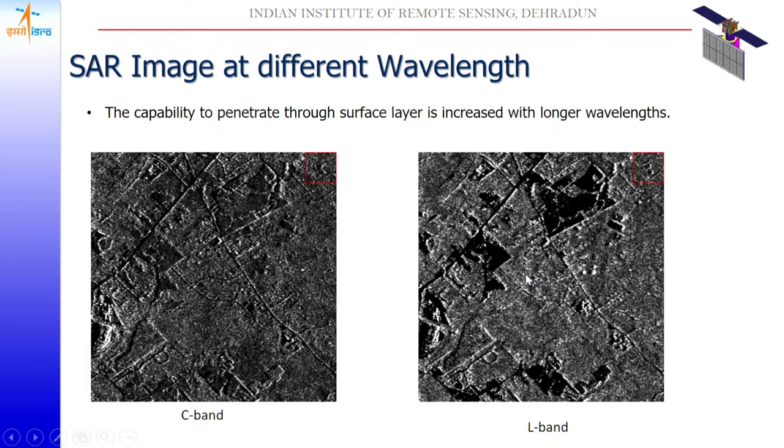When it is able to penetrate, it gives us a somewhat smoother image compared to the C band, because in C band every small feature interacts with the wave, so the roughness appears to increase. Here it is actually penetrating the earth surface, so it appears as a very smooth surface in the L band.